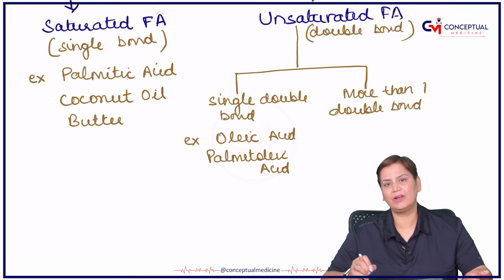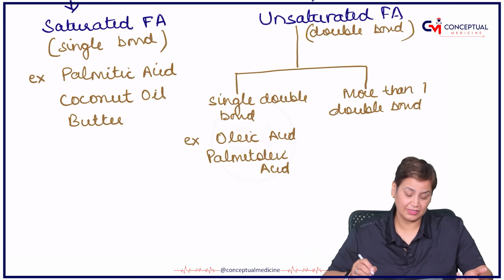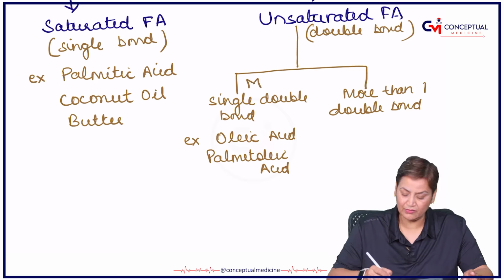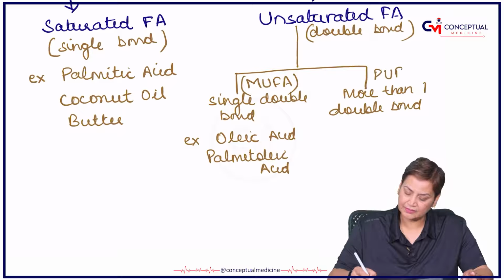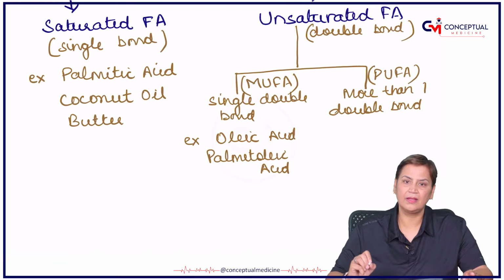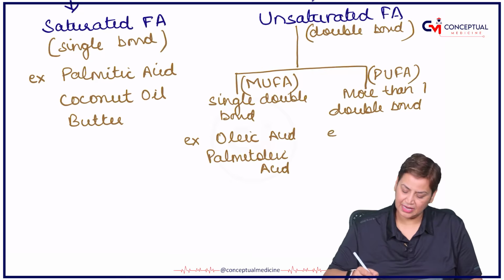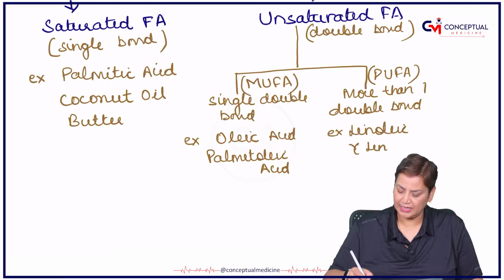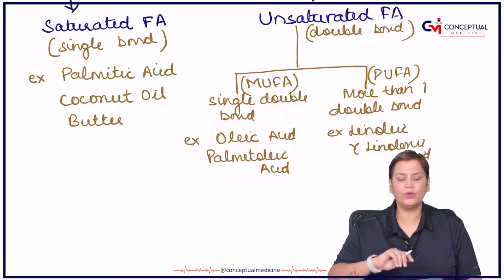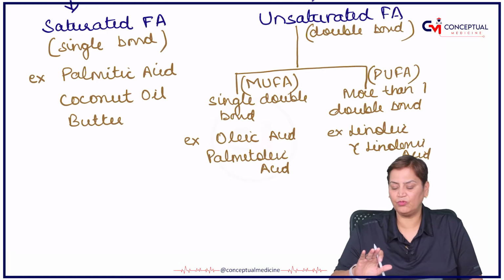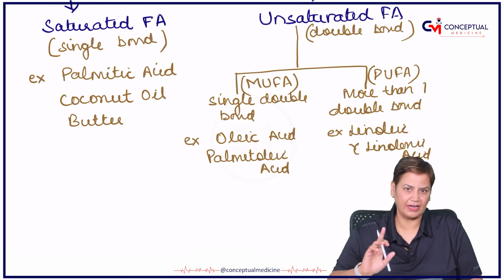And those with more than one double bond are known as PUFAs. We all are familiar with this. We call them MUFAs and we call them PUFAs. PUFAs will include linoleic acid, linolenic acid, and gamma linolenic acid. So we can say that MUFA and PUFA come under unsaturated fatty acids.